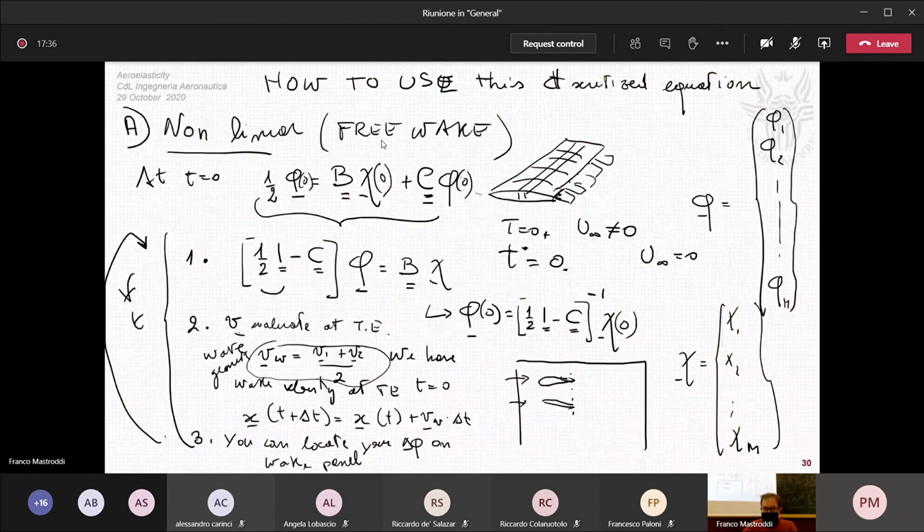After this consideration, we proposed an iterative algorithm for evaluating the potential flow, the potential phi, and the velocity everywhere in this way. Starting from the initial time, t equal to 0, you can solve this equation in step number 1.